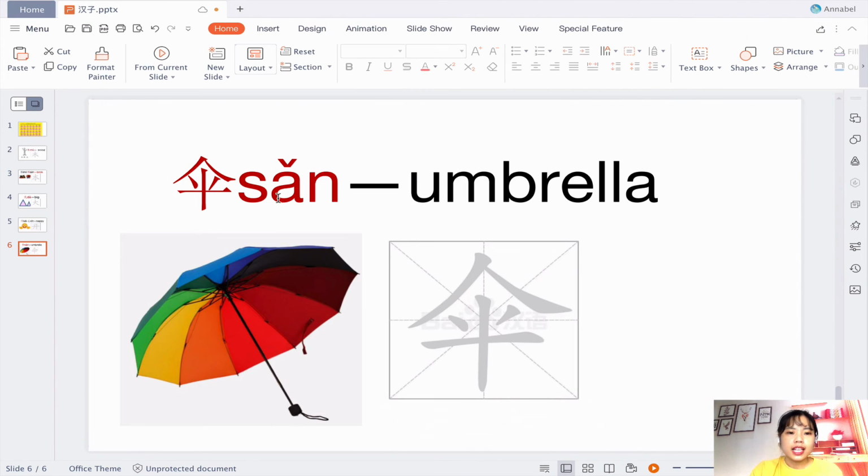It's called 伞. 伞, umbrella. 这是一个五颜六色的伞. 五颜六色 means colorful.